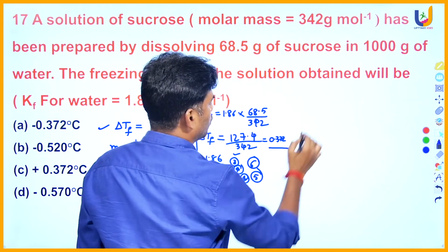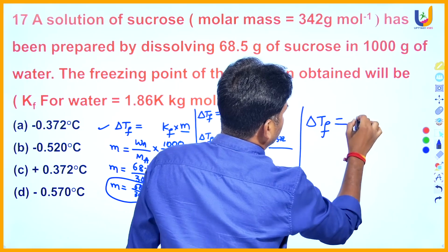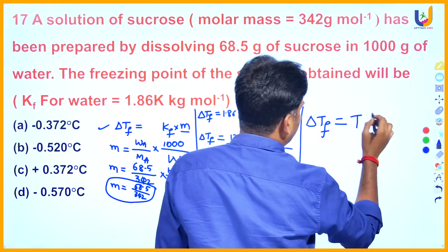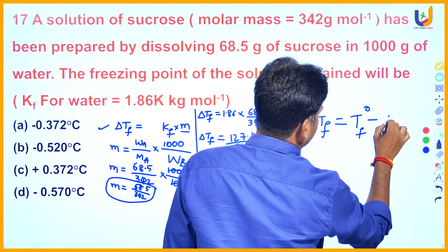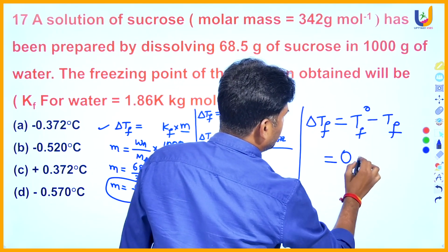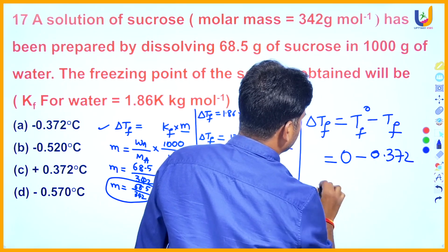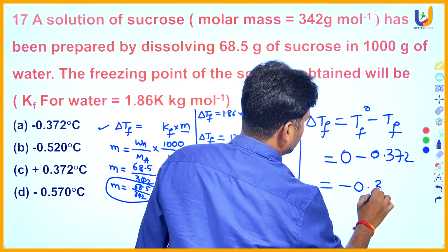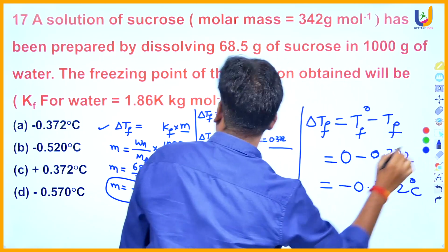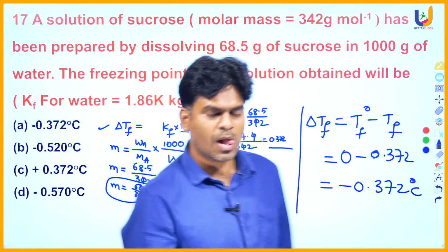So delta Tf is equal to Tf naught minus Tf. So Tf naught is 0 degrees initially, minus 0.372 degrees Celsius, finally minus 0.372 degrees Celsius. So according to this, option A is the answer.